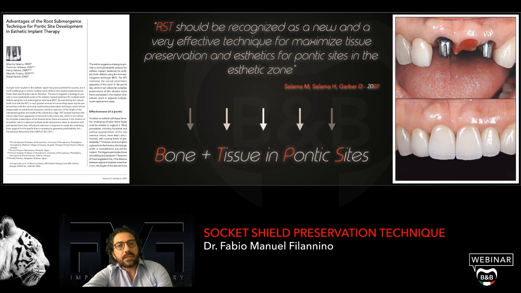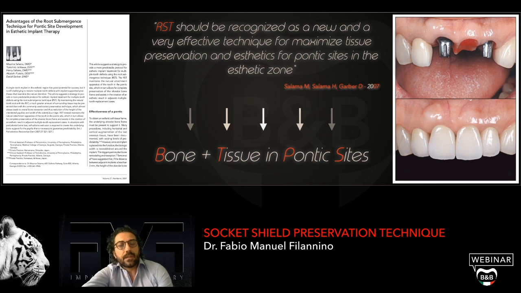But in 2007, Salama brothers and David Garber wrote this article where they considered maintaining the root under the pontic area in the aesthetic zones.